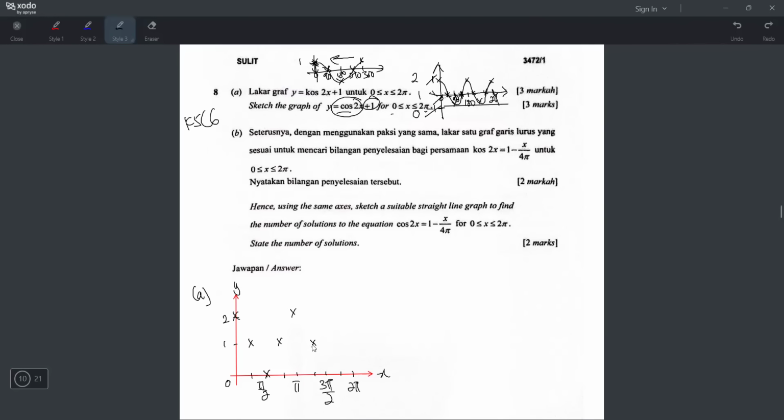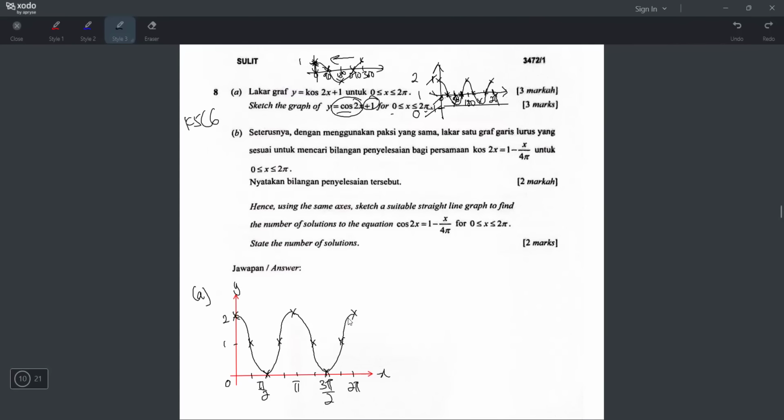So wait, here. Okay, so this one is when it's 1, right? And then when it's 270, that's when it's here. And then when it's 315, that would be 1, and then this one will be here. Yeah. So now I can join.